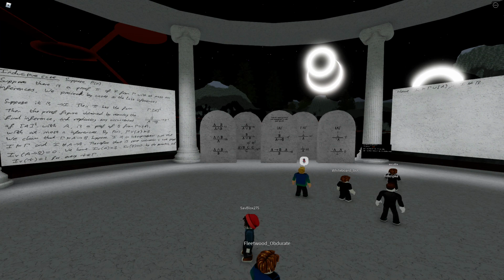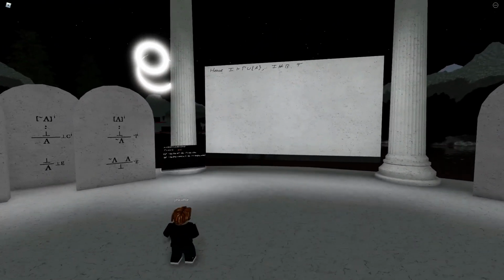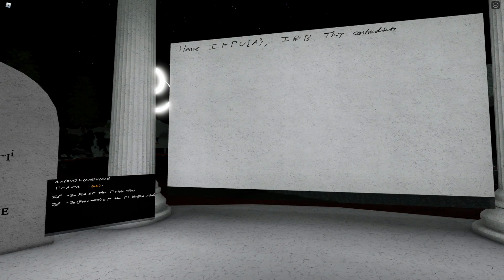But this contradicts the assumption that gamma union A entails B. The assumption I started with was that there was an interpretation that made all of gamma true and made A implies B false.